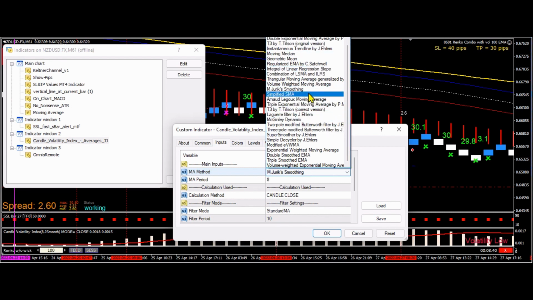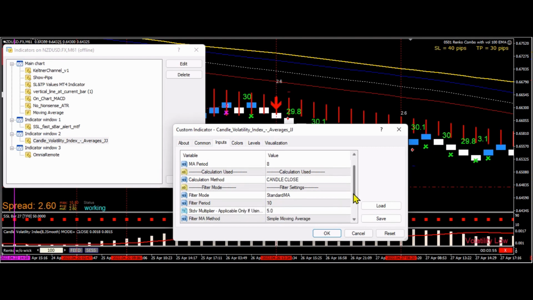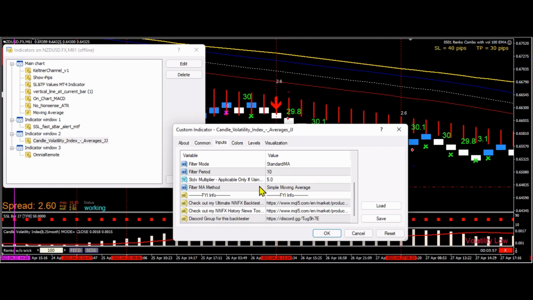For Renko, I've just found Jurik's smoothing average to be the best. Okay, calculation is candle close. Filter settings is standard moving average with a period of 10. Standard multiplier is 5. Filter is a simple moving average.